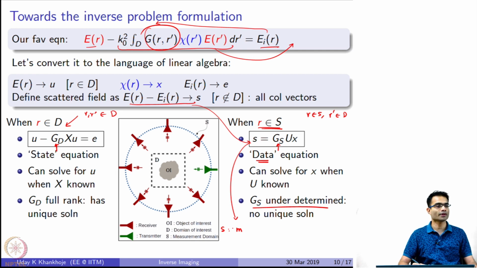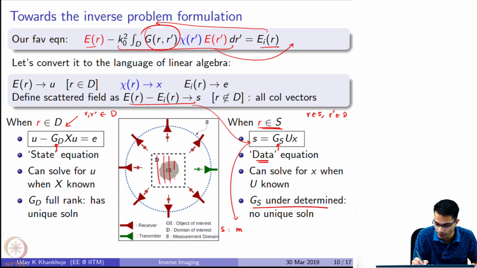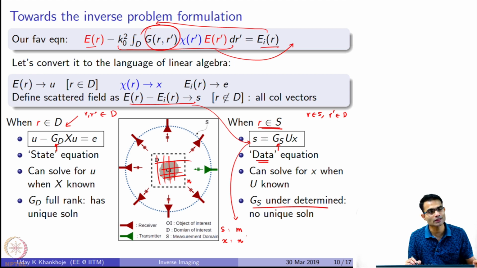Now this domain over here, I want to determine it to a very high resolution, so I am going to chop it up into various pixels, some number n. So X is going to be of size n, and at each pixel X is the unknown, but what is also there?